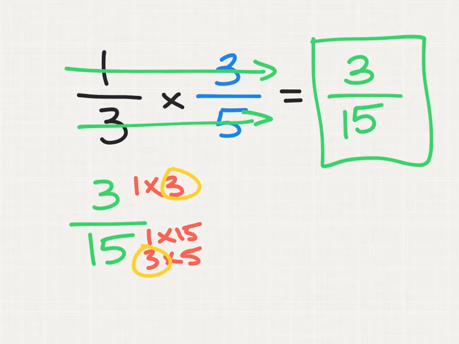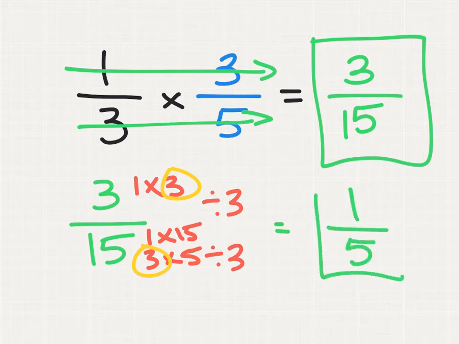In this case, we can divide 3 and 15 by the common factor of 3, leading us to a simplified product of 1/5. So multiplying fractions appears to be pretty simple. Multiply across the numerators, multiply across the denominators, and then simplify.